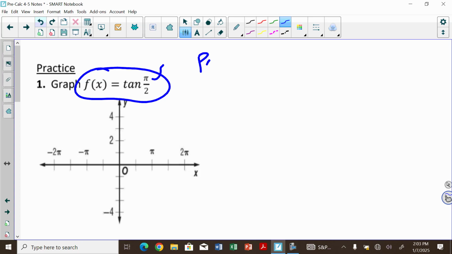When we talk about our period, in the parent function the b value was 1, but here we have something else. So our period is pi, but because we're going to divide that by our b value of 1/2, we get pi times 2, or 2 pi. So our period here is actually going to be 2 pi instead of pi.